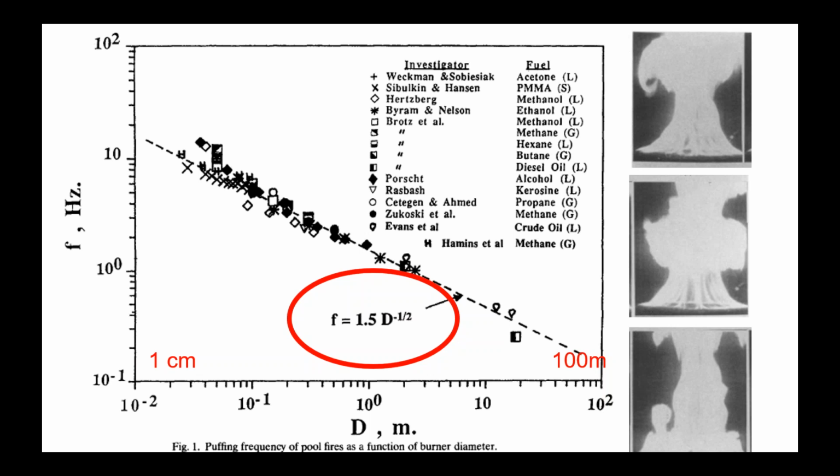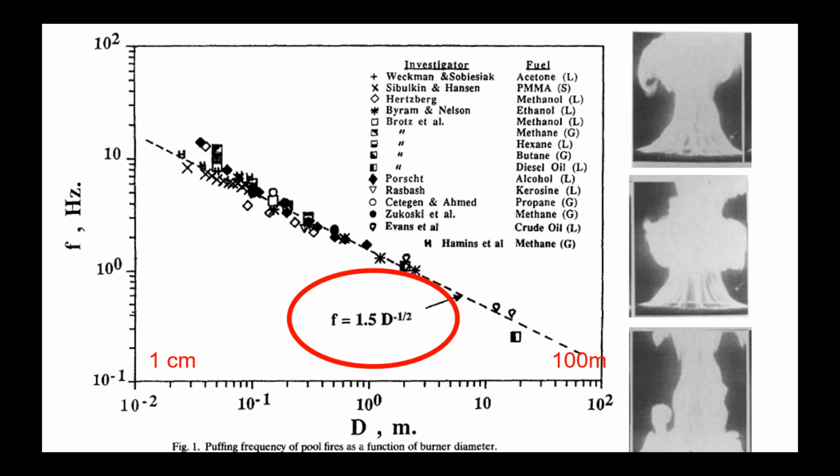So across a wide variety of length scales, the frequency depends only on the square root of the diameter of the pan. All those symbols are different fuels, so you can see that the fuel doesn't make much difference. You could put pine needles in there, you could put wood, you could put pretty much anything, and it would puff at about the same frequency.